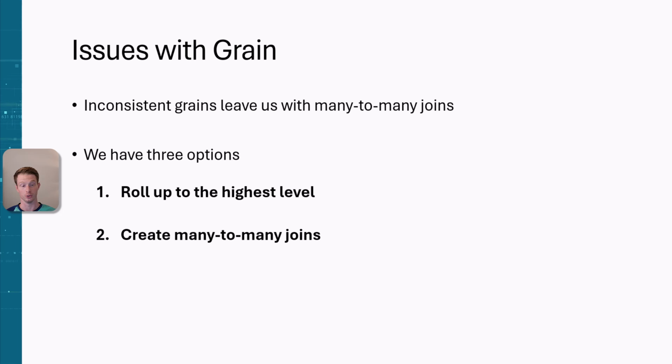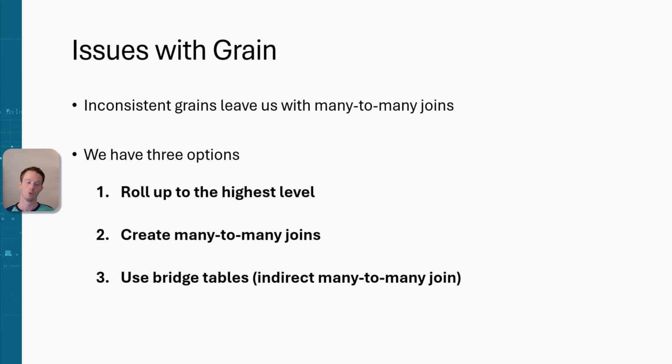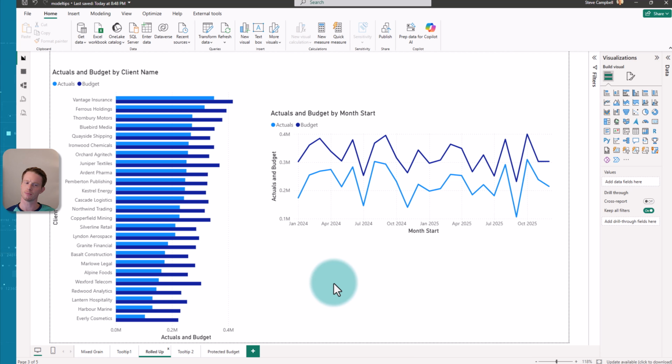If we do want to keep the granularity and not lose data by rolling up, one of the best ways is creating a bridge table. And this is essentially still a many-to-many join, but it's going to be an indirect many-to-many join. So what's a better option? Well, the better option is to use a bridge table, and just to put some checks into our DAX.